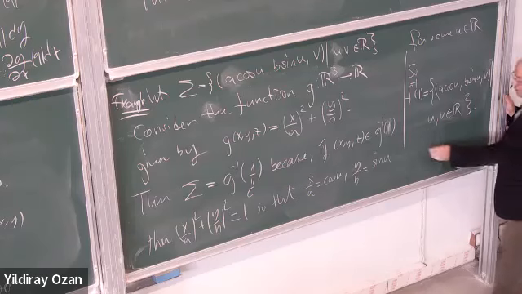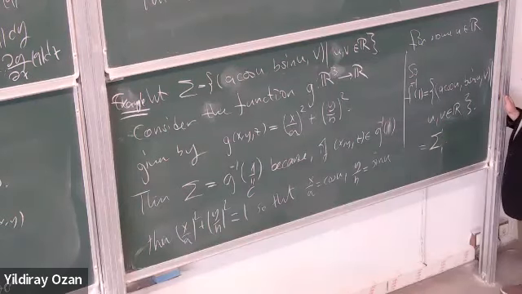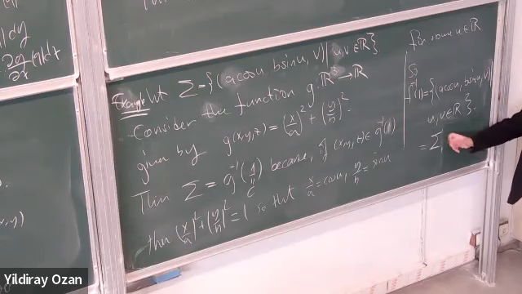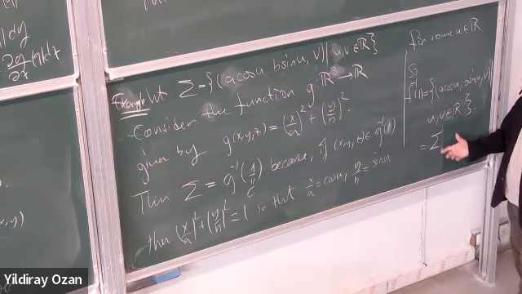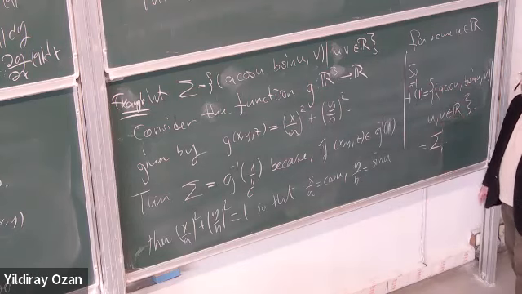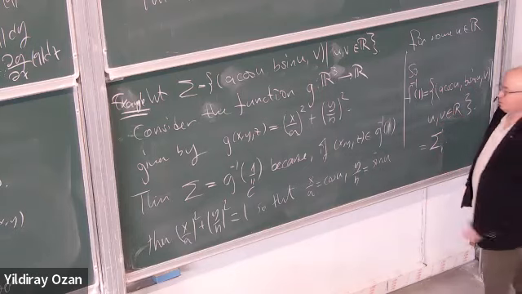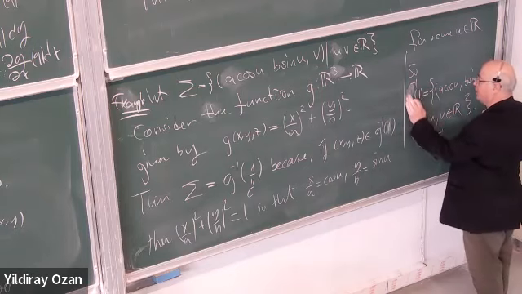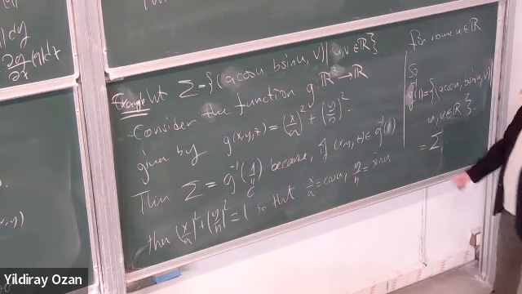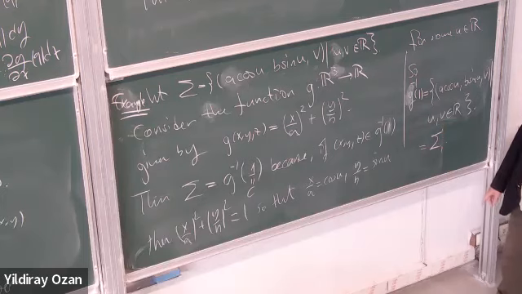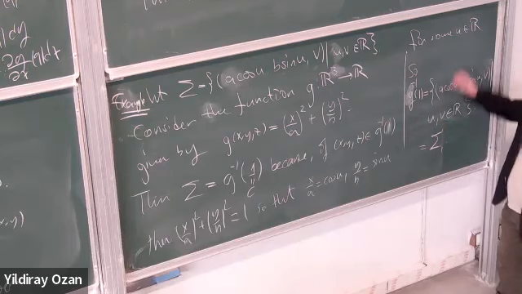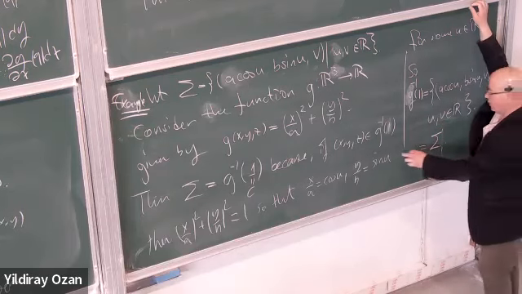But this is nothing but the surface sigma. So sigma is actually a surface in R3, because, well, I should write not F but G, because sigma is the inverse image of a function whose gradient is not zero at any point. I didn't show that, so let me show that.